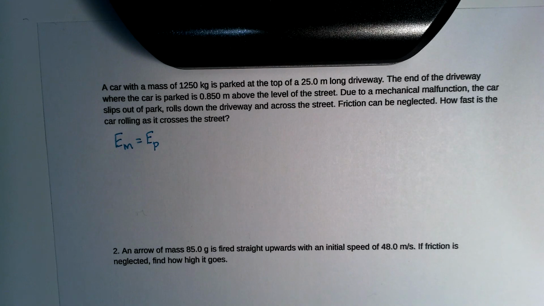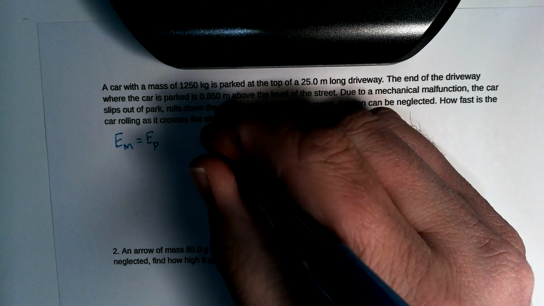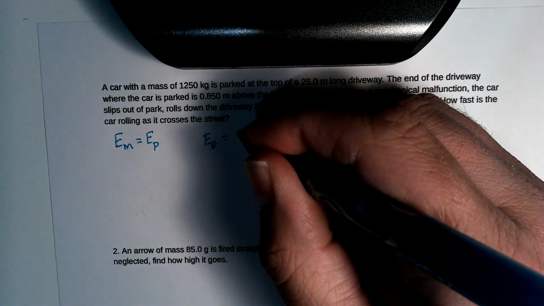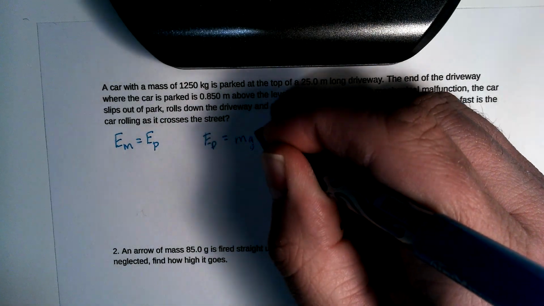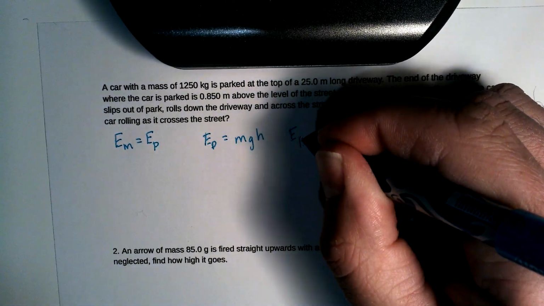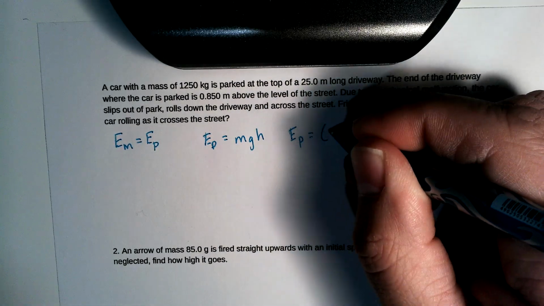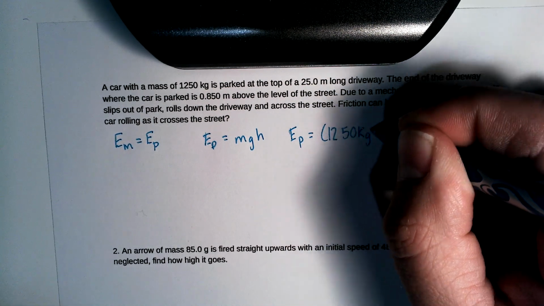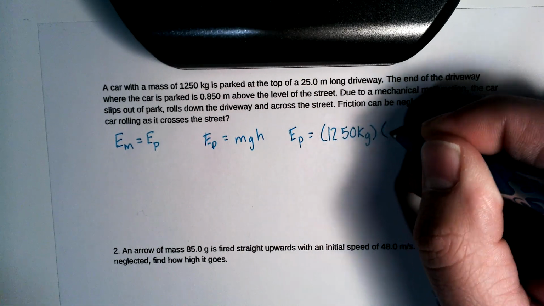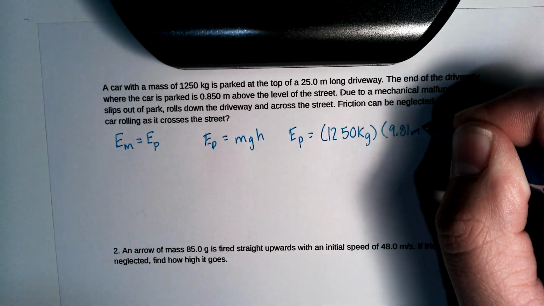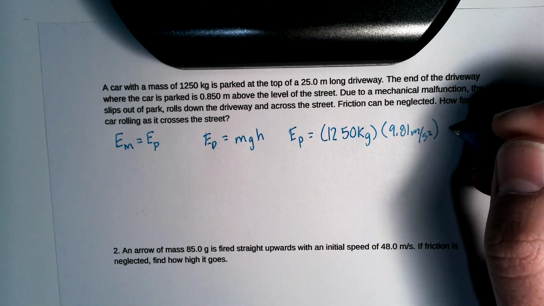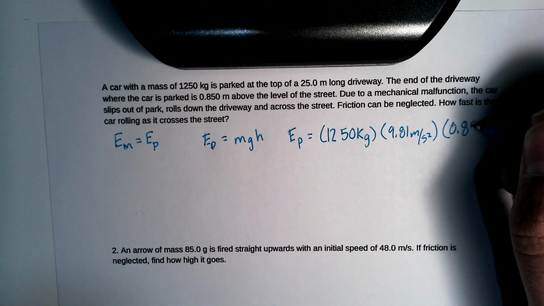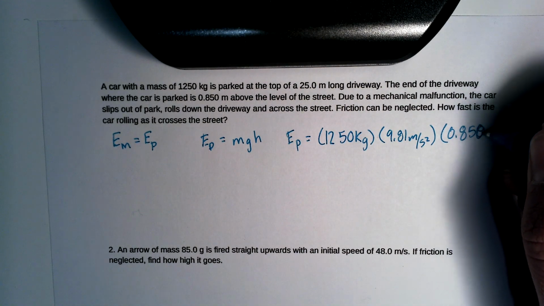Now we have to find potential energy. We know that it is mass times gravity times height. So we can put our numbers in to find our potential energy. Our mass of our vehicle, 1,250 kilograms, times 9.81 meters per second squared, times, again, we just want the height, which is 0.850 meters.